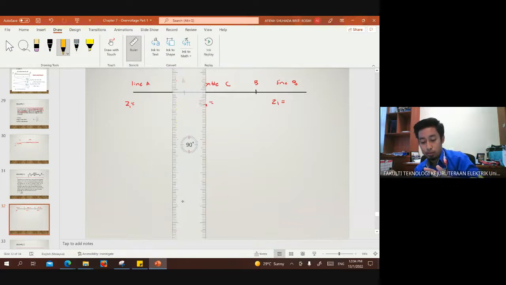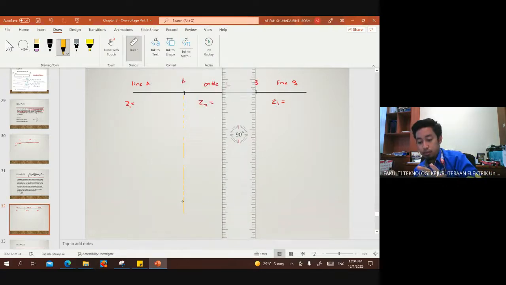Okay, ni kita dah mula start draw probabilities, so masing-masing boleh follow this step.